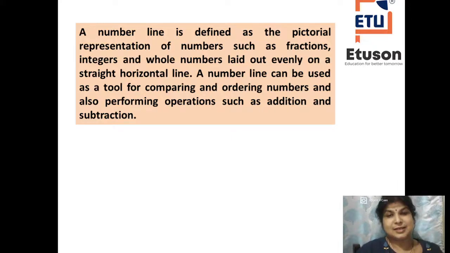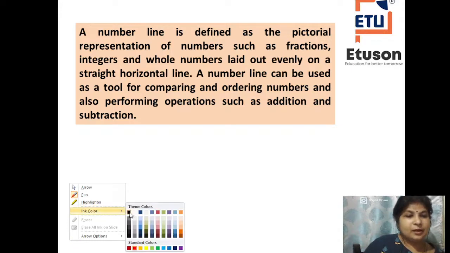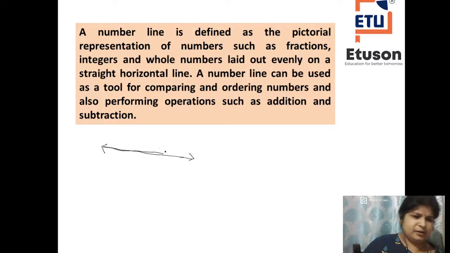Let us understand in a simpler way. So basically what you do in a number line is, you take a horizontal line and you try to draw the equally spaced points on it. Then you mark an origin. Suppose this is a line. It doesn't look straight, right?